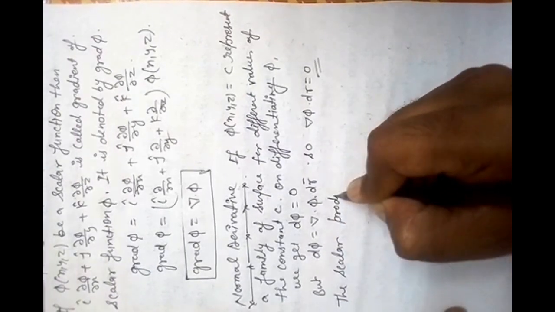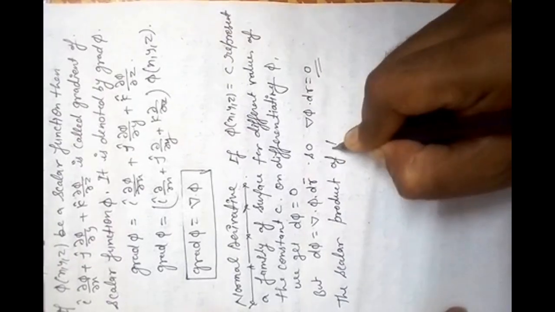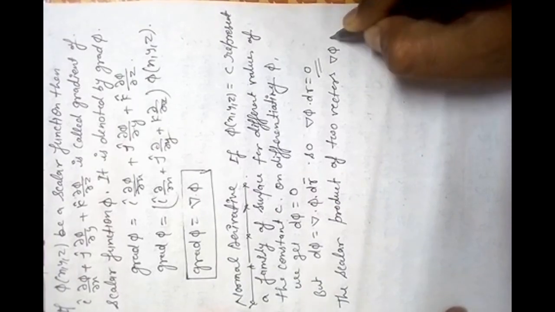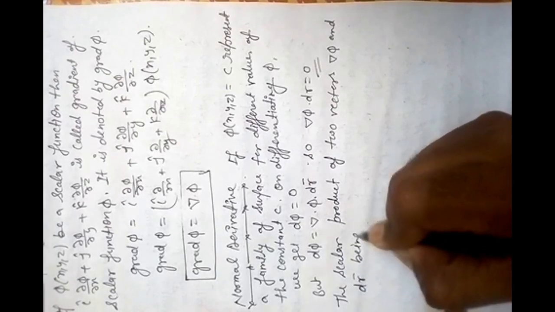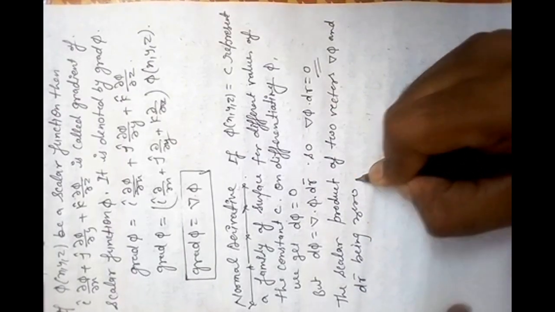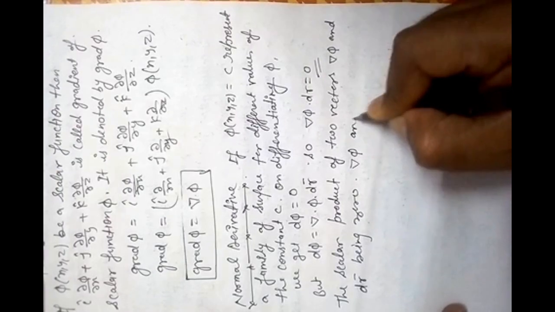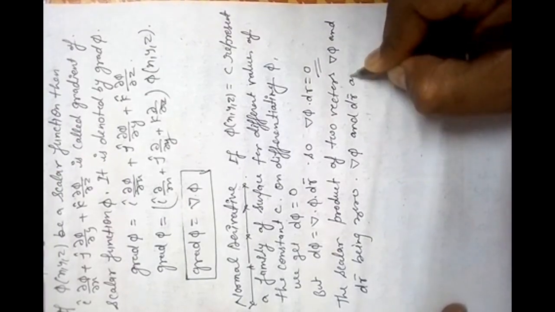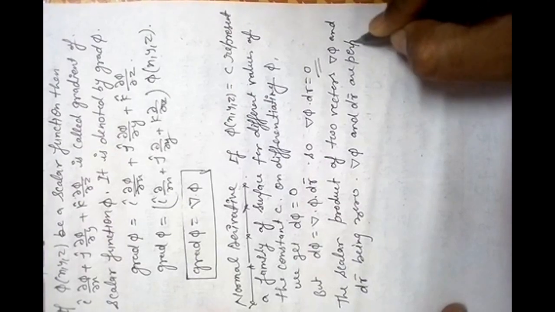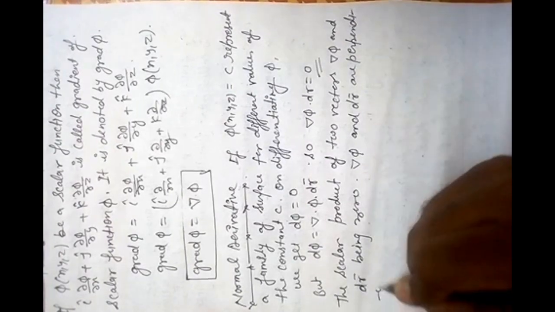Okay, the scalar product of two vectors del phi and dr being 0, del phi and dr are perpendicular to each other.